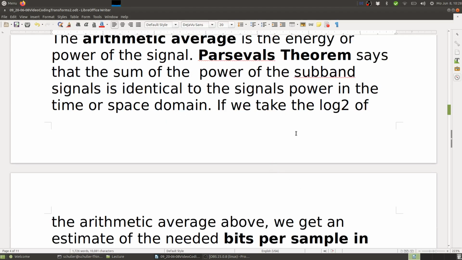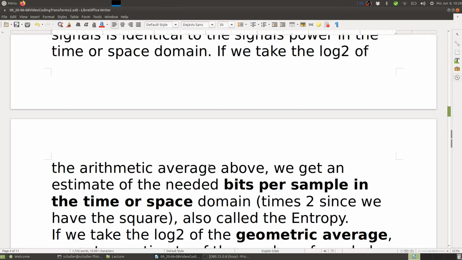So if we now take the log of base 2 of the arithmetic average above, we get an estimate of the needed bits per sample in the time or space domain, right? Or times 2 since we have the square. And this is also called the entropy, right? So the log base 2 in principle gives us a crude estimate of the number of bits that we would need for an entropy coding.